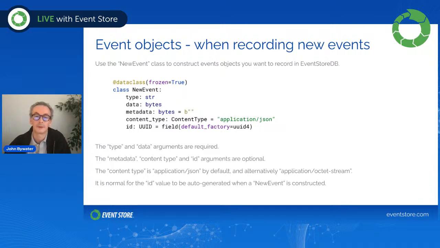The content type is application/JSON by default, and alternatively application/octet-stream if you just want to put in binary data rather than JSON documents. And the event ID is usually auto-generated when the new event object is constructed. The ID governs the idempotent behavior of inserting events and provides a unique ID for the event.